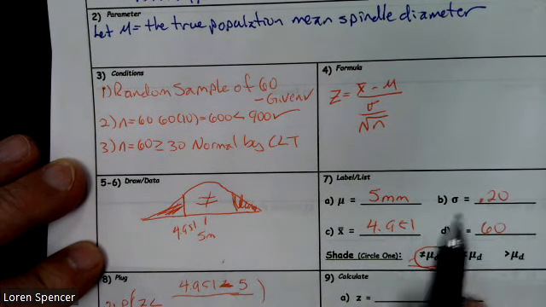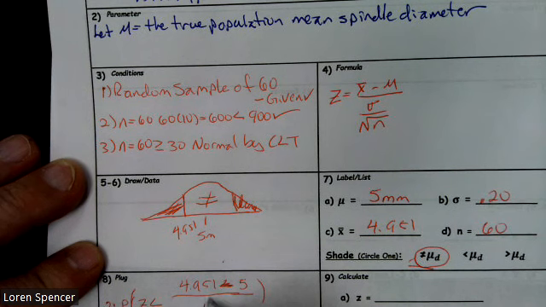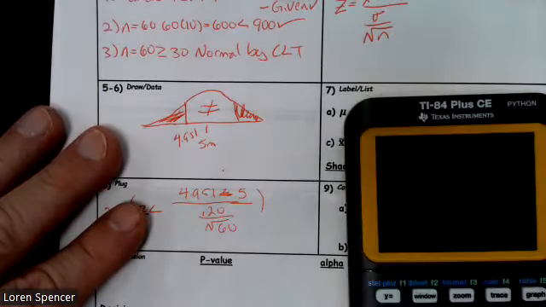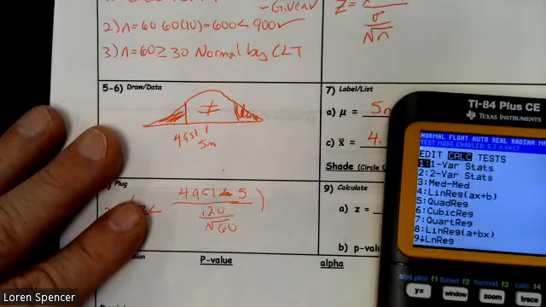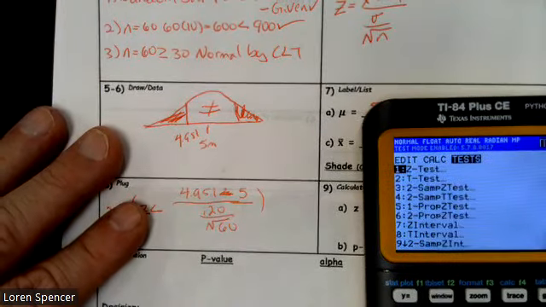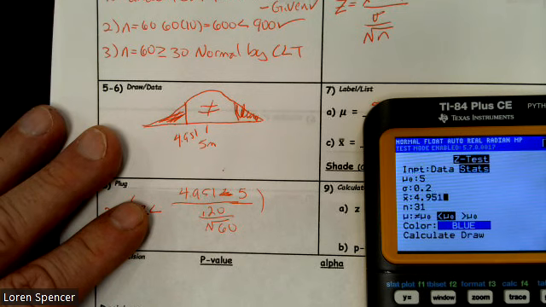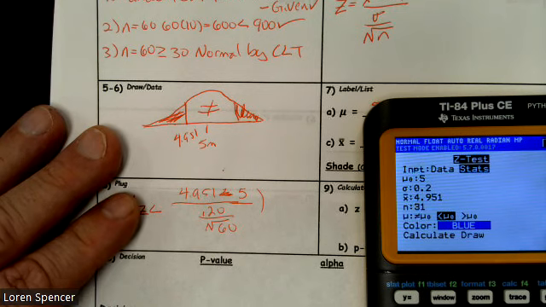And our standard deviation is 0.20 divided by the square root of 60. So when I go about this, stat test, Z test, I plug in my data: mean of 5, standard deviation of 0.2, x bar of 4.951, n of 60, and make sure we have the not equal.